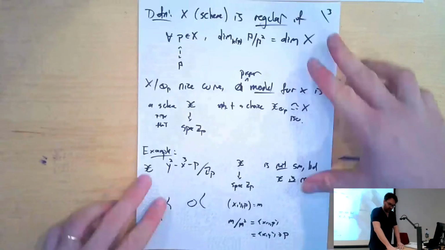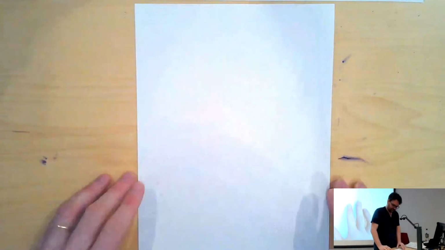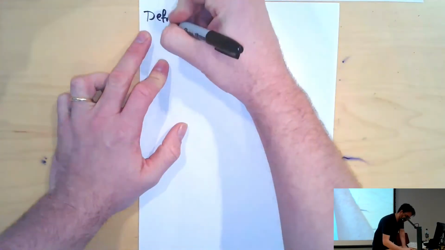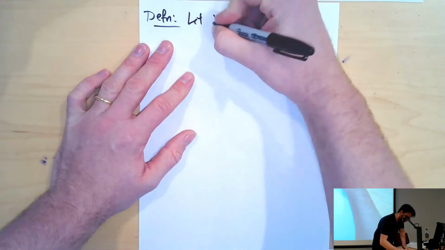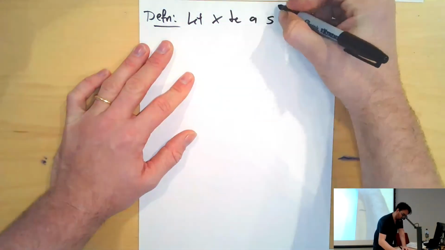So one quick technical definition that we need, and then we'll get back to divisors. Let X be a scheme.